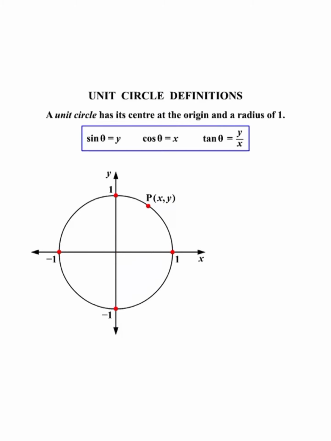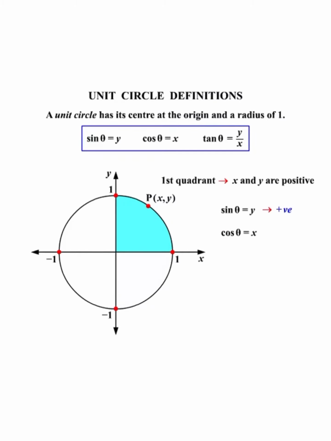Well, let's look at some examples here. We're going to start off looking at our point P there. Now that's a point in our first quadrant, or the first quarter of our number plane here. Now if we look at the coordinates of our point there, x, y, you can see that both x and y are positive values. So from the table above, if sine theta is equal to y, well that means that sine theta must be positive in that first quadrant.